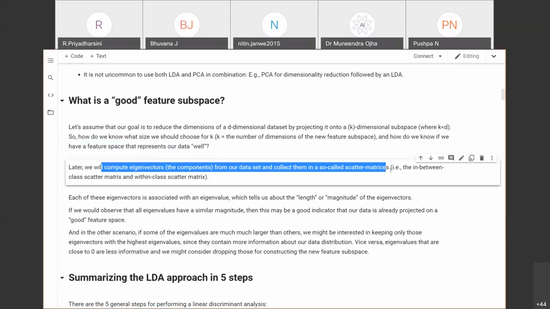Okay. So you see, in all three algorithms, we have been dealing with eigenvalues and eigenvectors only. For this purpose, I assumed that all of you would have a clear-cut understanding of what eigenvalues and eigenvectors are, and how to compute them for a given matrix.